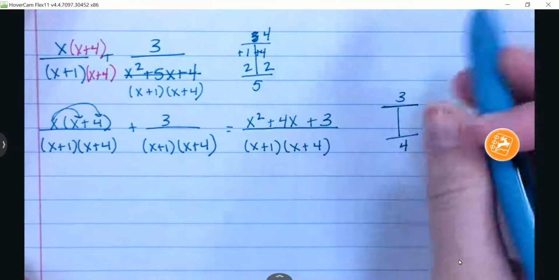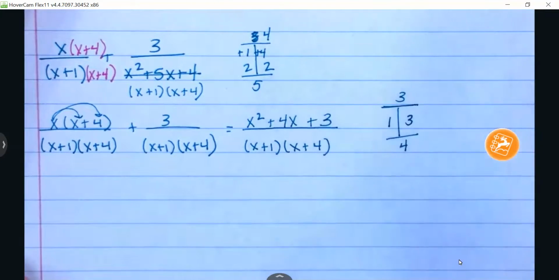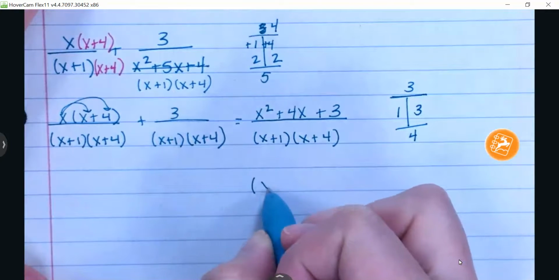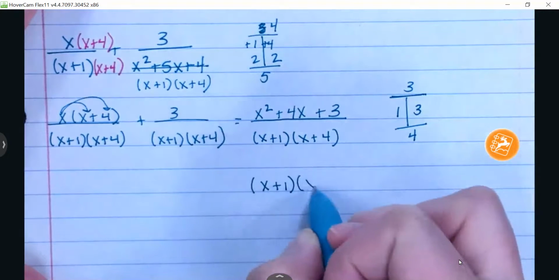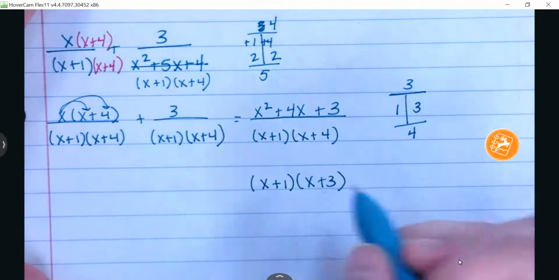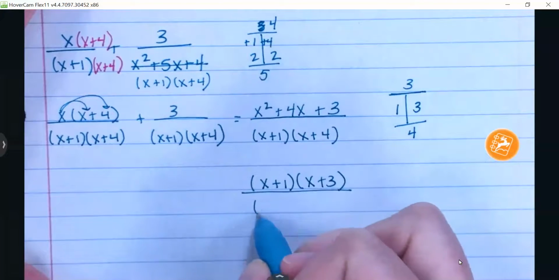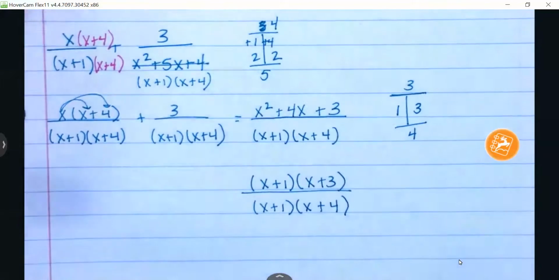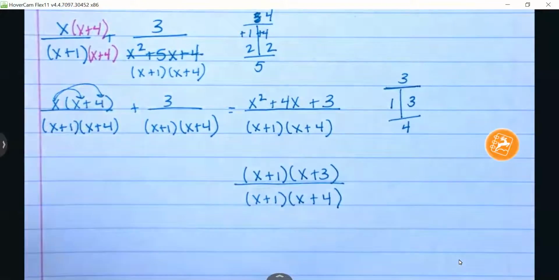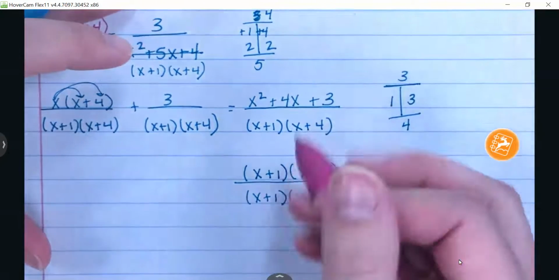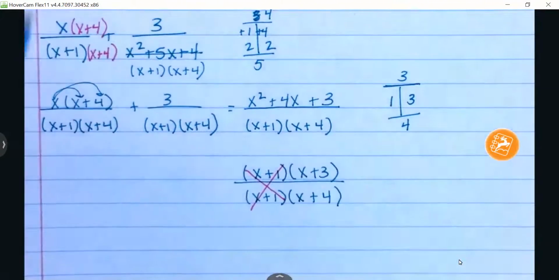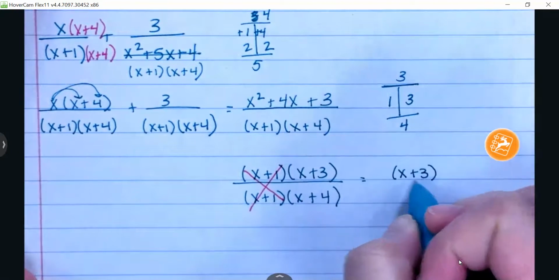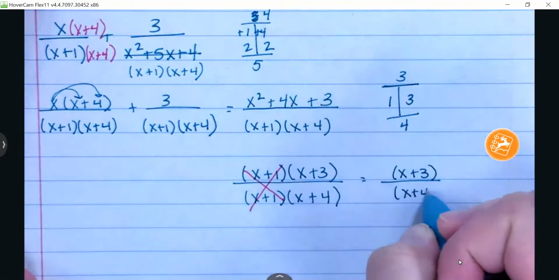The only thing that gives me a 3 is 1 and 3. So when I rewrite this, I will have x plus 1 times x plus 3 over the denominator I already had. And what do I notice can happen? My x plus 1s can cancel out. So my final answer would say x plus 3 over x plus 4.